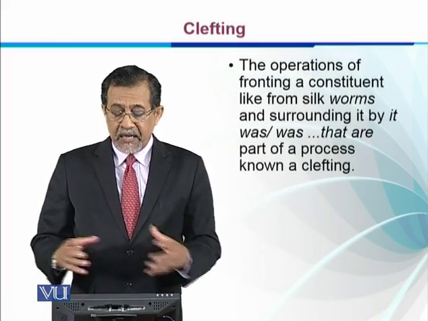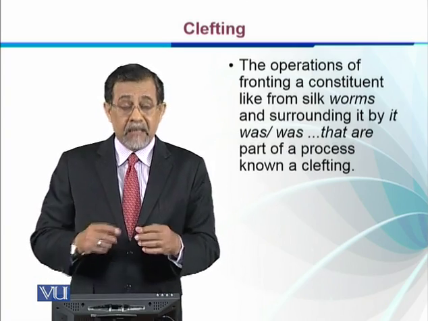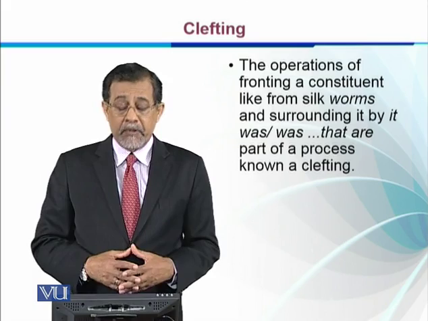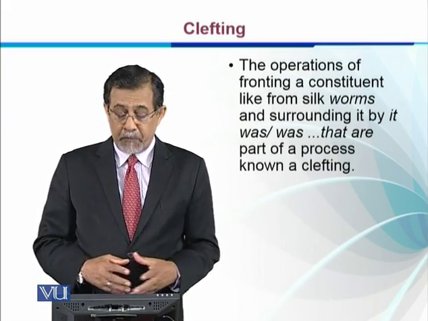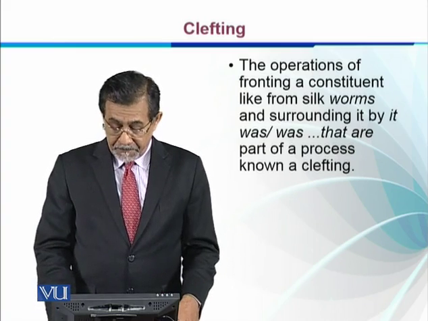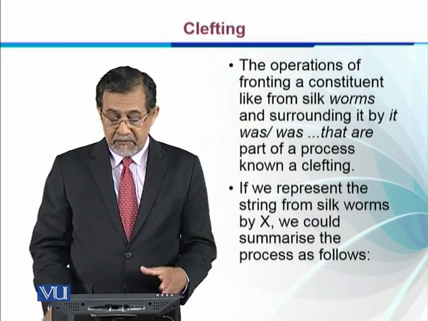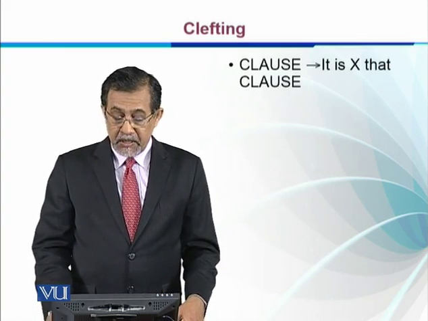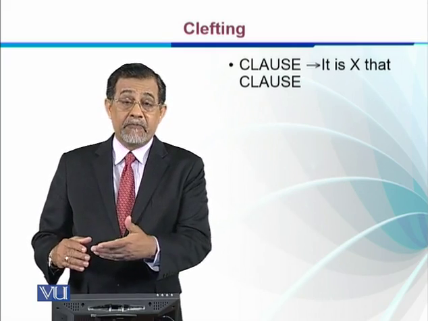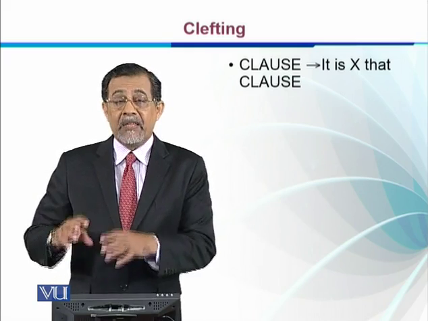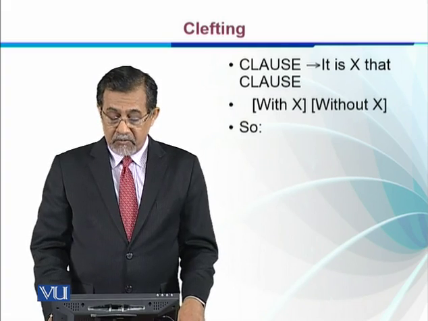The operation of fronting a constituent like from silkworm and surrounding it by it plus was or were, that is, the verb to be, plus that clause, is part of the process known as clefting. If we represent the string from silkworm by X, we could summarize the process as follows: it plus verb to be plus X and then that clause, with X or without X.